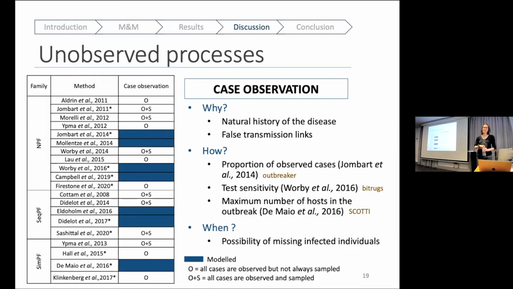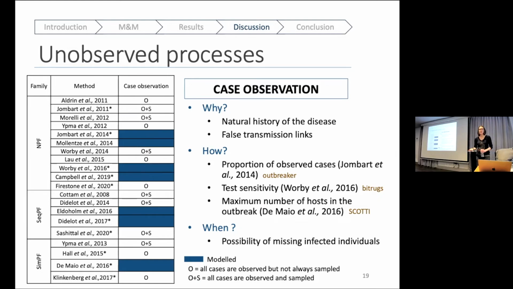The fourth process is case observation. Considering that direct transmission events link sampled hosts could lead to false estimates on the natural history of the disease or even false transmission links.